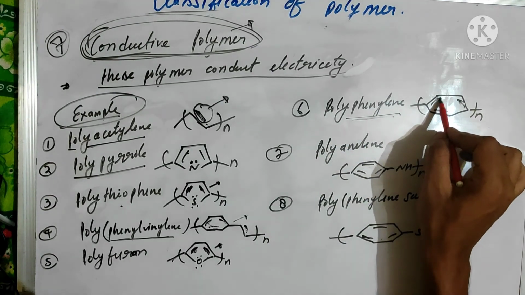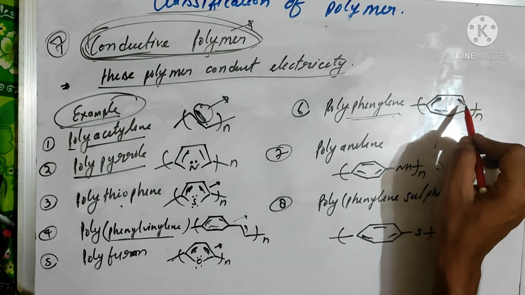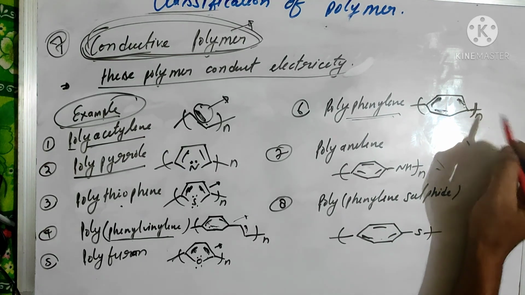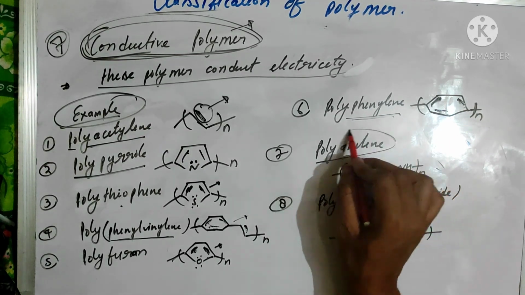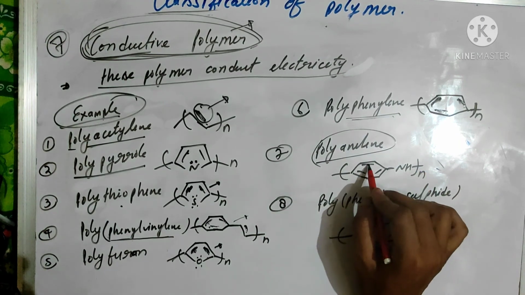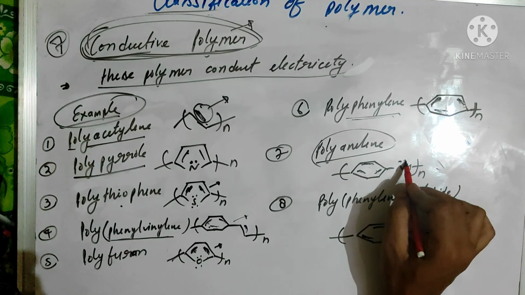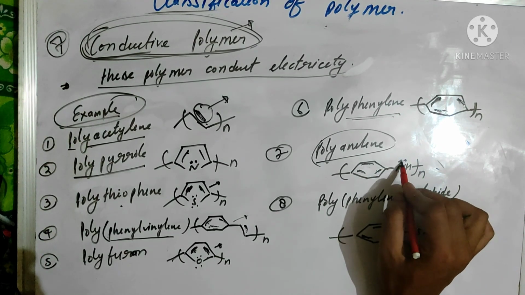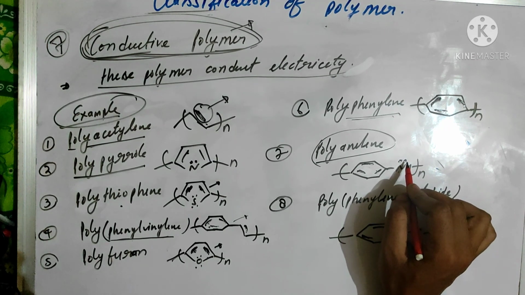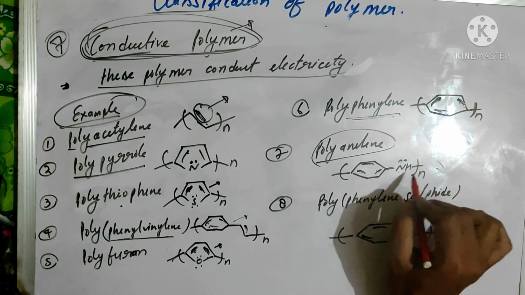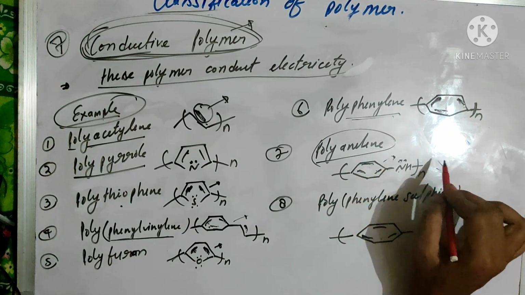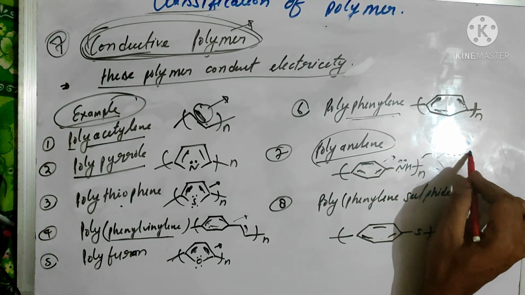Polyphenylene. We can see the resonance in the benzene ring, which is responsible for the carrier of charge. Polyaniline. In the same case, the double bond and the benzene ring do the resonance with the lone pair of the nitrogen and complete the resonance cycle. That's why it plays the role of the carrier of the charges, and that's why electricity flows easily.